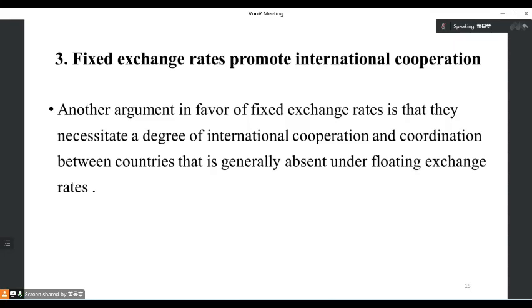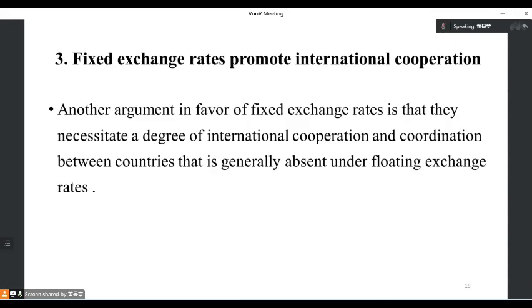Another argument in favor of fixed exchange rate is that it necessitates a degree of international cooperation and coordination between countries that is generally absent under the floating exchange rate.